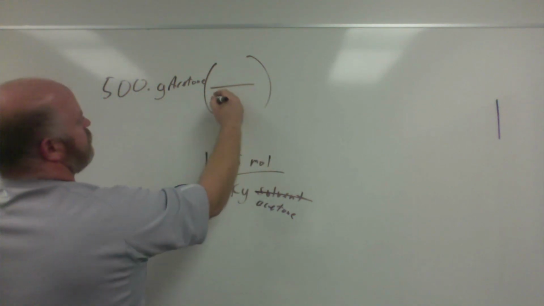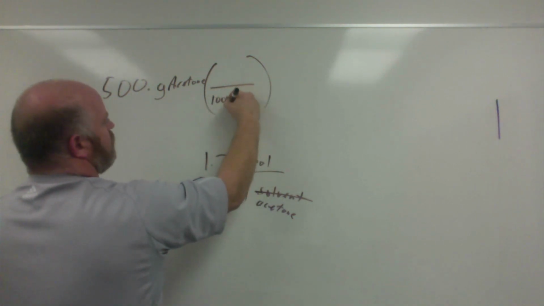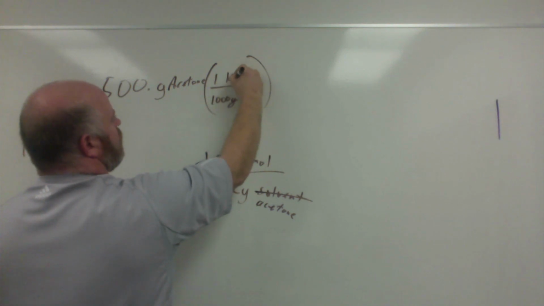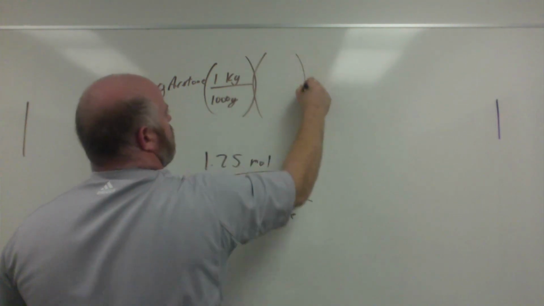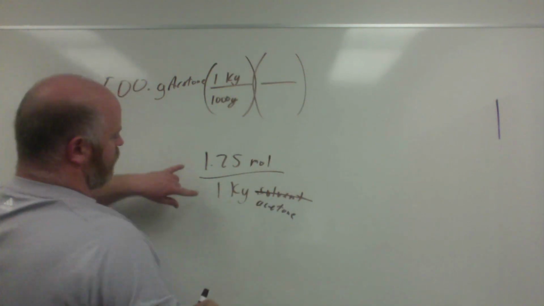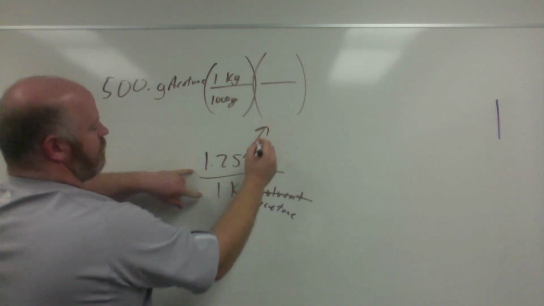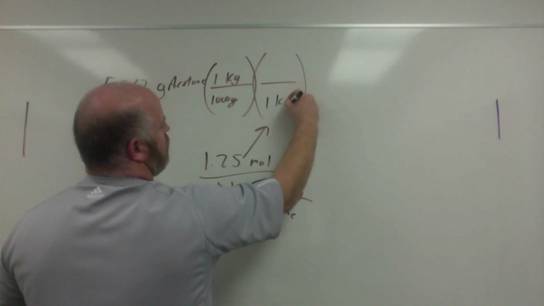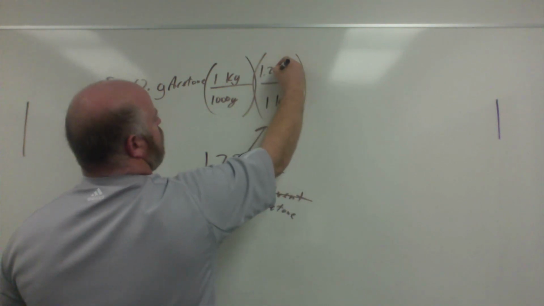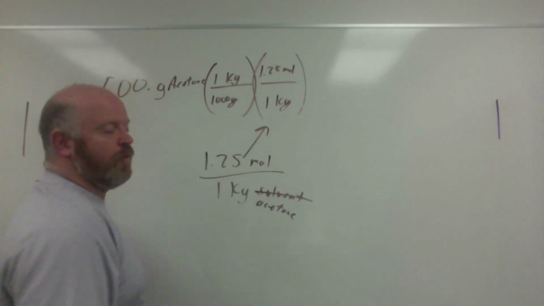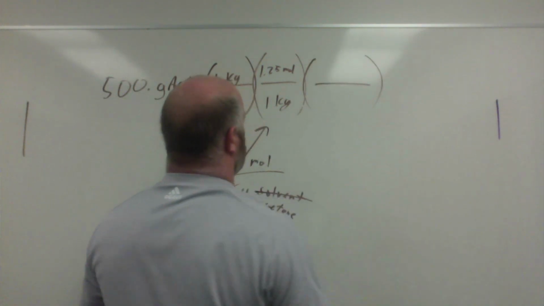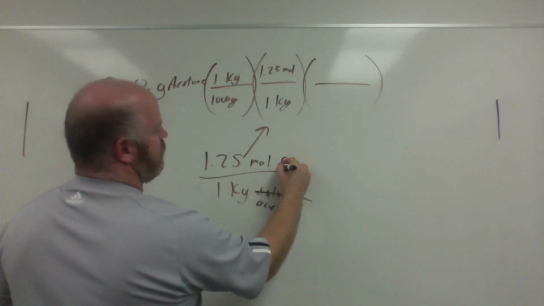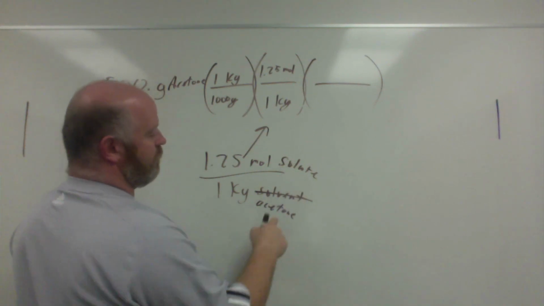Now, for 500 grams, we know that there are 1,000 grams for every 1 kilogram. And from this we can put in that for every 1 kilogram we have 1.25 moles. And this is moles of solute.